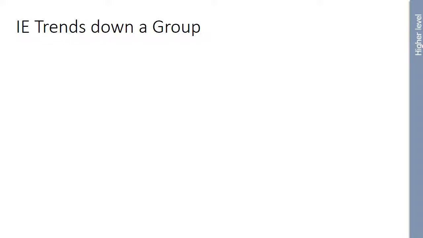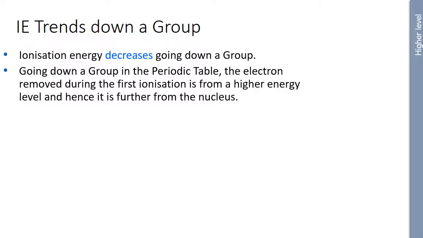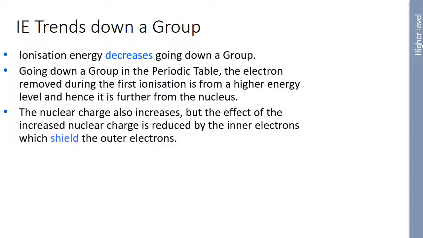Looking now at ionization energies down the group rather than across the group, ionization energy decreases going down a group. Going down a group in the periodic table, the electron removed during the first ionization is from the highest energy level, and hence it is further from the nucleus.